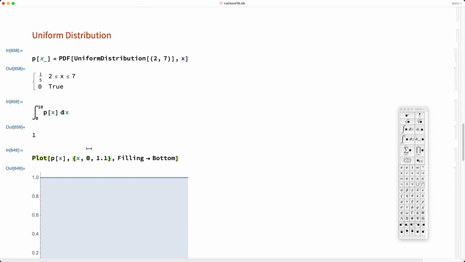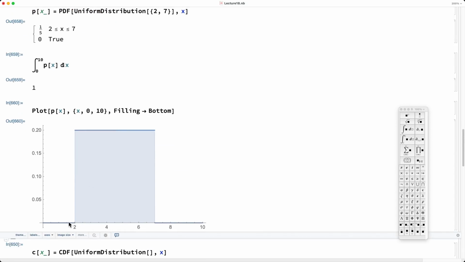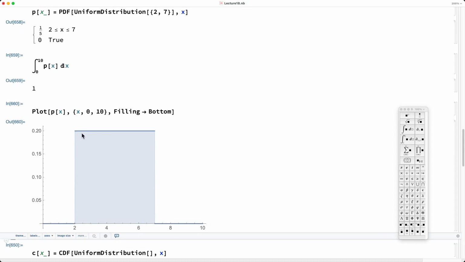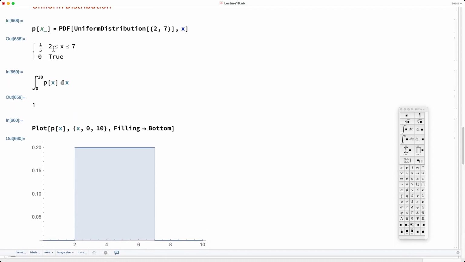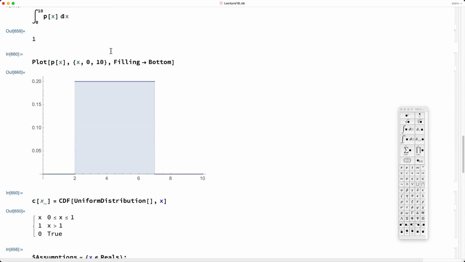And let's try and plot this result. Now we see the probability is 0.2 between 2 and 7, and 0 otherwise. And of course the 0.2 is such that the total probability is 1. So Mathematica has normalized the distribution so that the total probability is always 1.